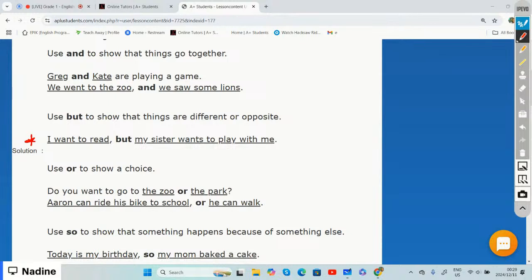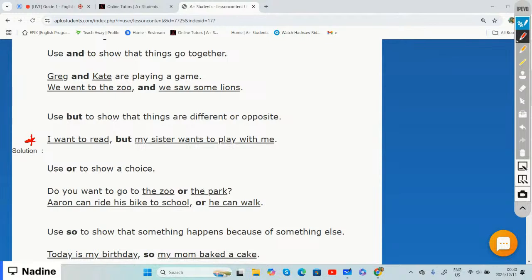And then we have or, and that is to show a choice. It's either this or it's that. And then we have the word or, and we use the word or to show a choice.